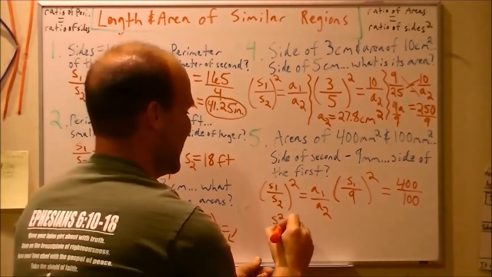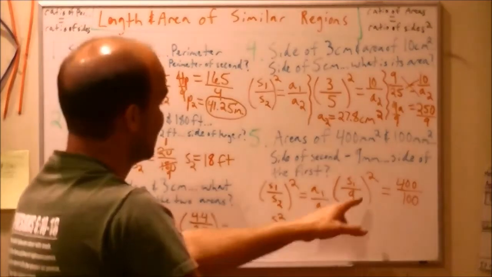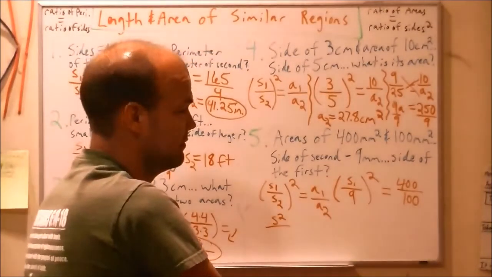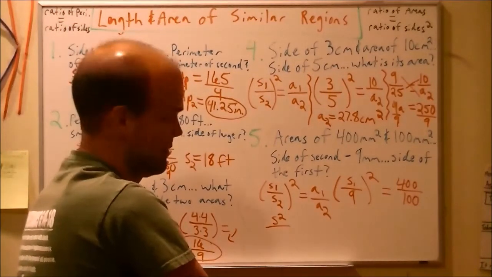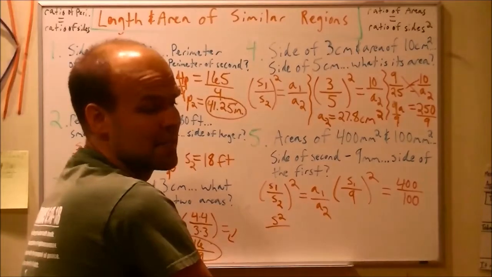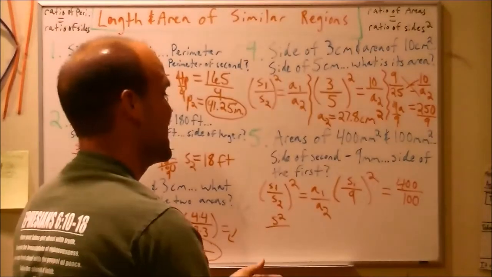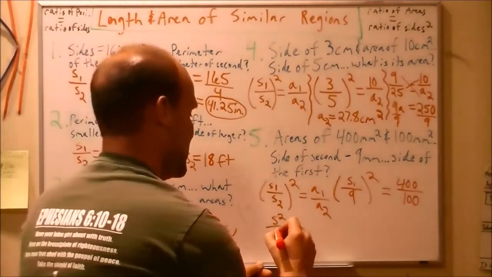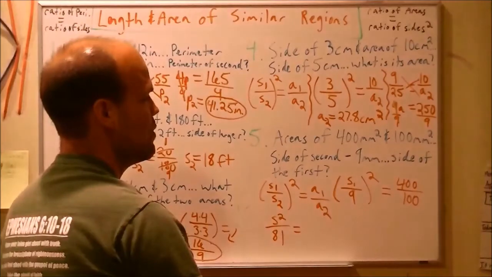That's not too hard, is it? Over, what is 9 squared? It's not times 2. Don't try that. It'll be marked wrong faster than anything you've ever seen. What's 9 times 9? 9 squared is 9 times itself. 9 times 9 is 81. Very good. So S squared over 81 equals.